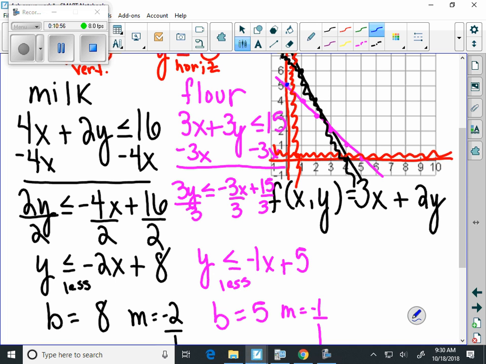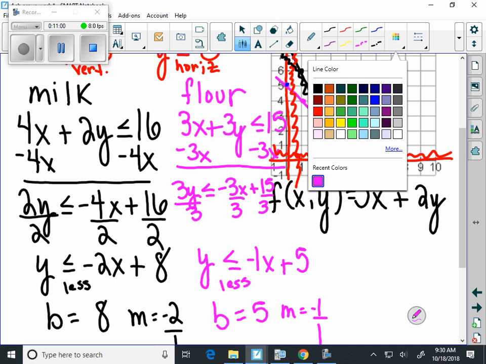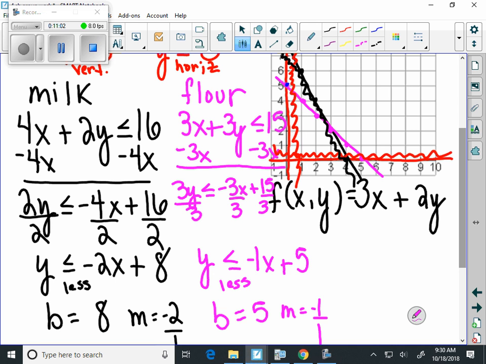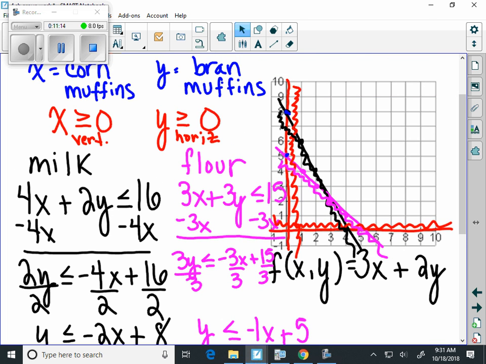We want to graph where points are less than that, and where points are less than that, it's here, underneath the blue point. And from there, hopefully you can identify the feasible region is here, here, here, and here.